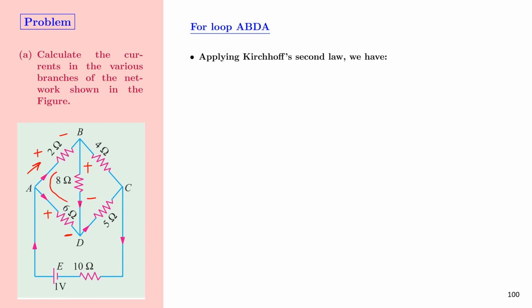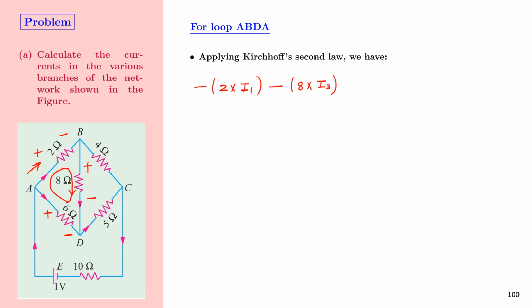Now we are analyzing the circuit in the clockwise direction. As we move from A to B, we see a potential drop. Therefore, the potential drop is negative 2 times the current I1. And as we move from B to D, we again see a potential drop, and therefore this is negative 8 times I3.